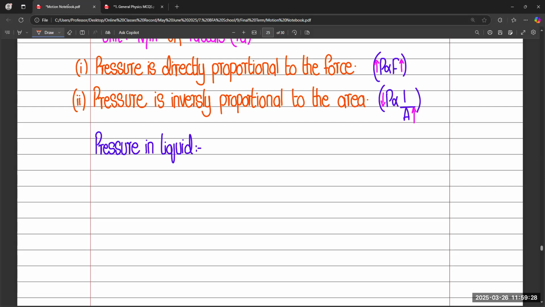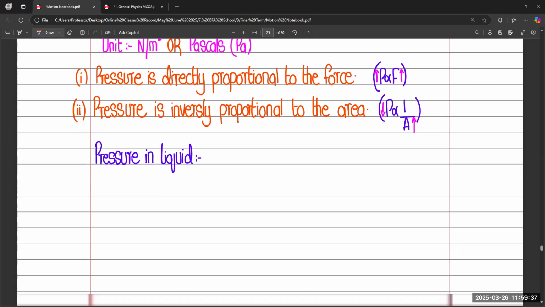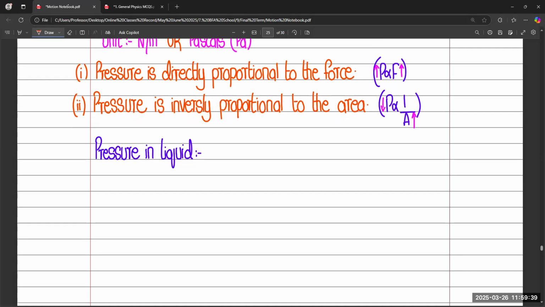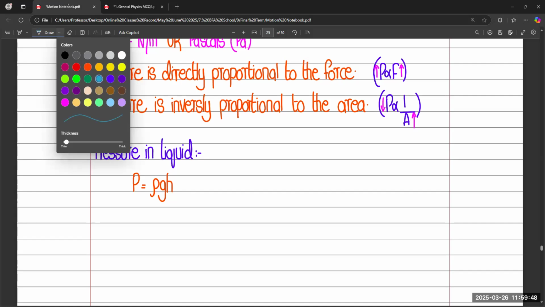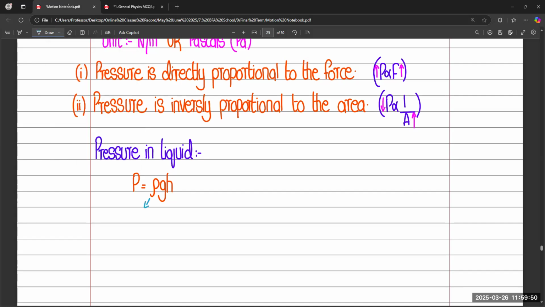It can also be defined as the pressure of the water particles exerted on the body. So the formula for pressure in liquid can be defined as P equals rho g h. This symbol represents density.